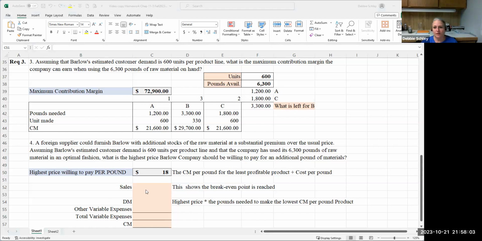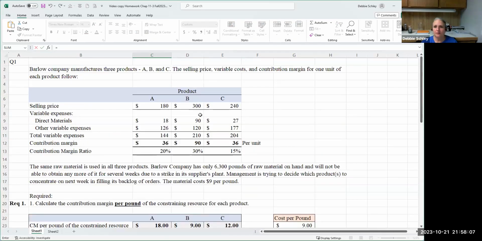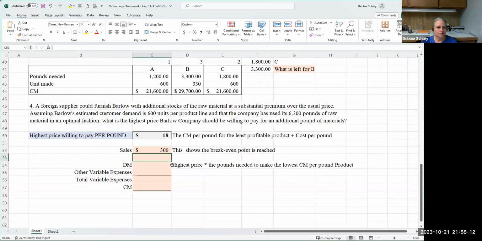And so the selling price per unit for B was 300. Whoops, sorry. The direct materials will be... what did I do there?